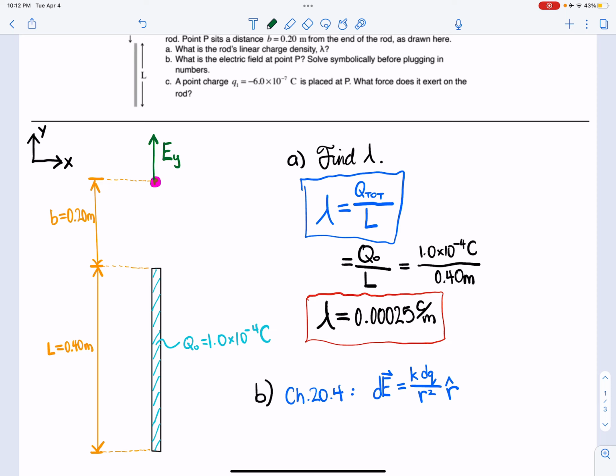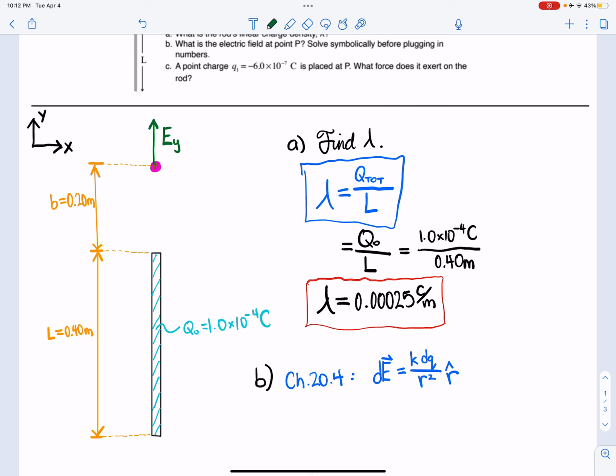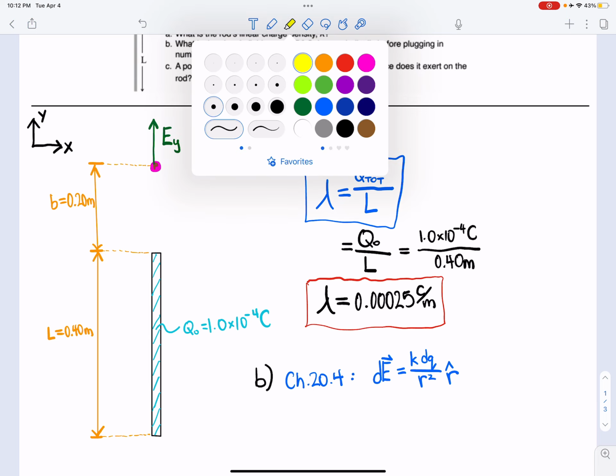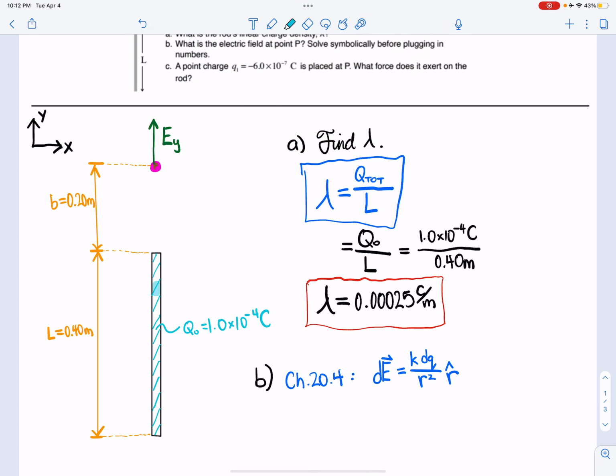Because if you think about it, let's say we have a little charge here. Okay, so let's take this little piece of the thin rod, right? And let's call this dy, right?